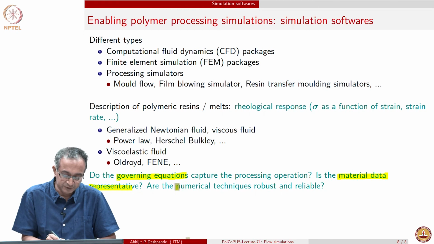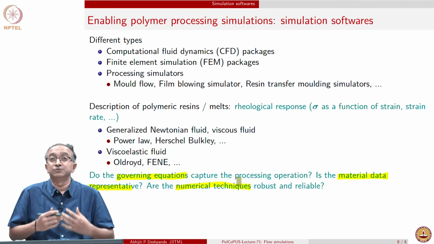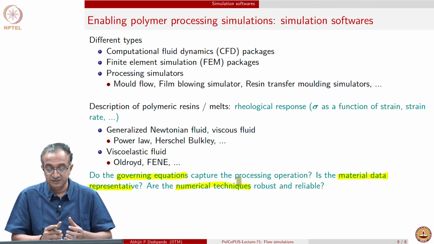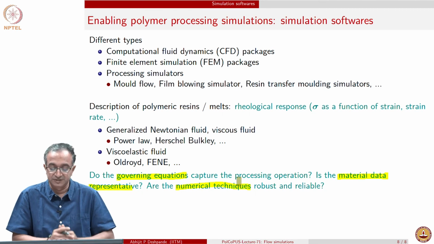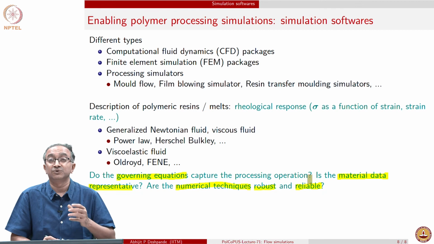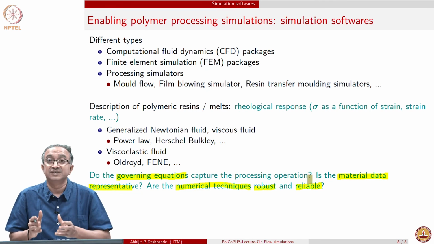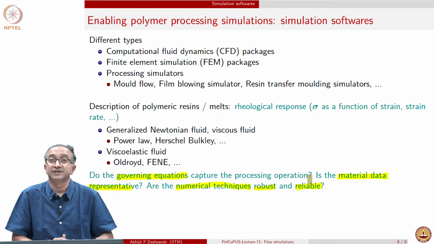And one other aspect which, as users, we may not worry about, and many times it is the software developers who worry about this, but as users we also need to know how to do checks and balances, so that whatever result we are getting is within the robustness and reliability range of the software.